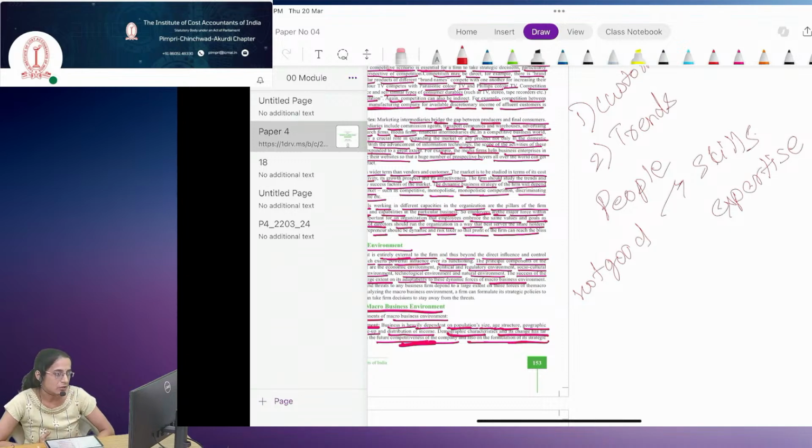So if the client is not satisfied, again the firm's reputation will come into the picture, right? So while hiring a person, he should have the proper skills, the proper knowledge, the proper expertise required, so that the clients of the business get satisfied and the reputation of the organization is built. Clear, Sheila?